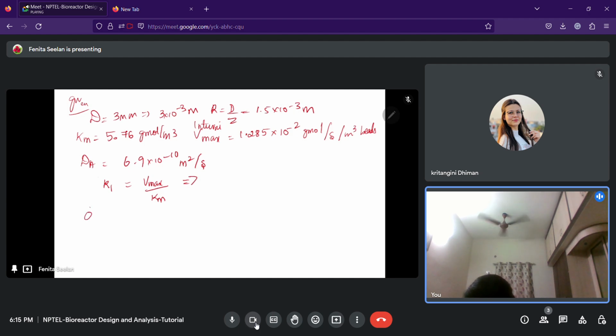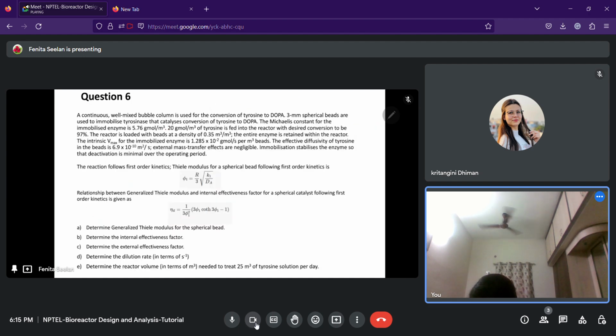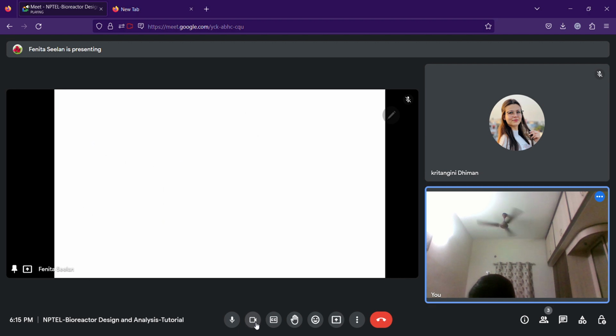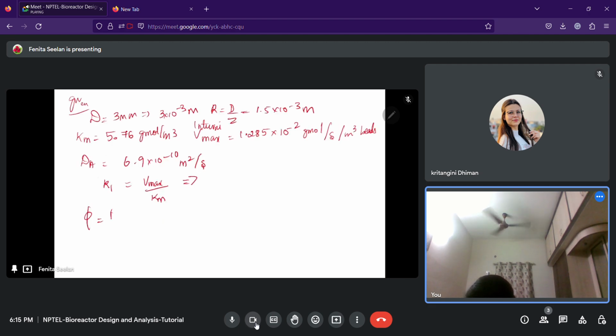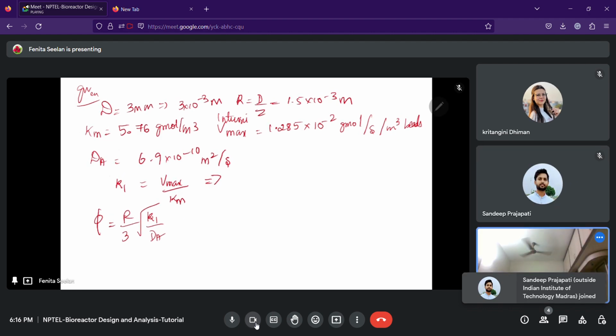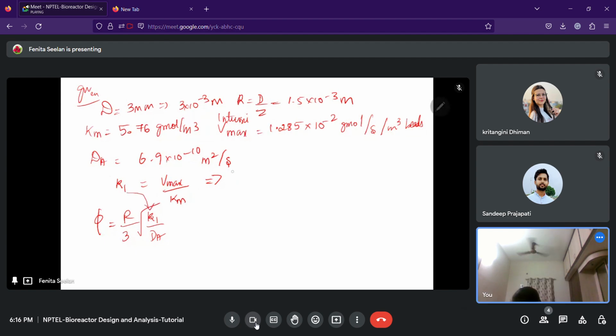So the formula shows we were asked to calculate a generalized Thiele modulus for the spherical bead. We'll consider this formula. So now we'll find out K1 and then we can substitute it here. What is Vmax?